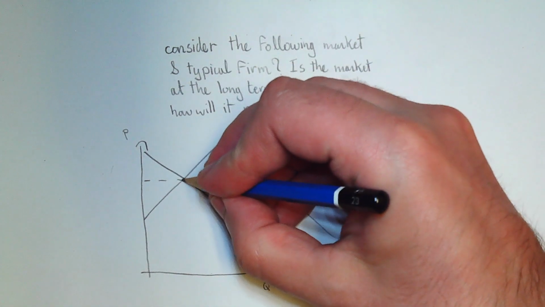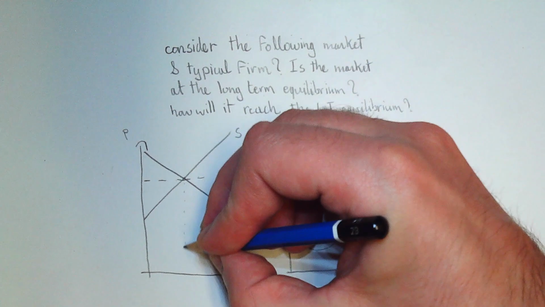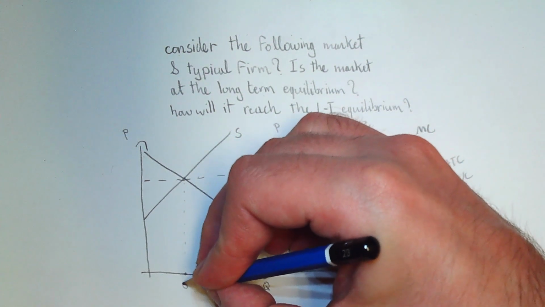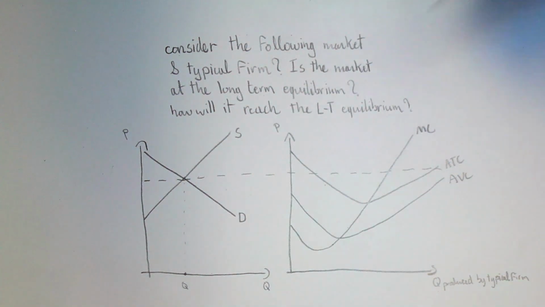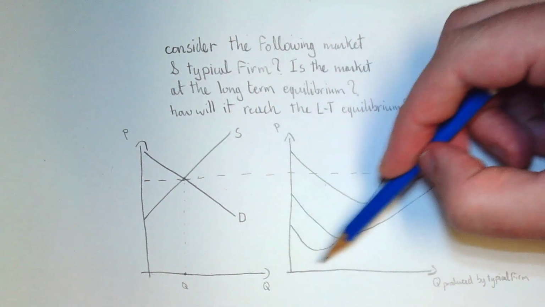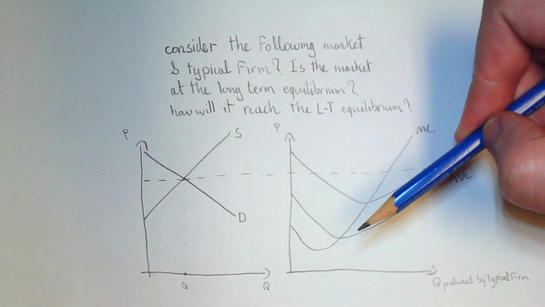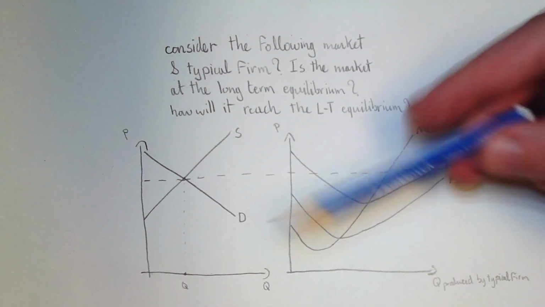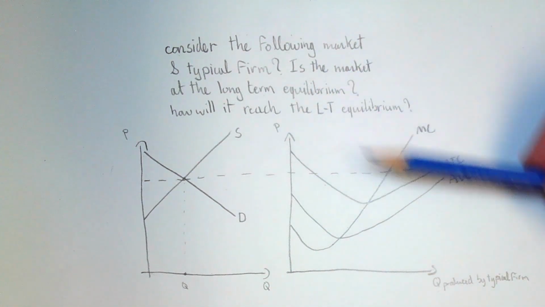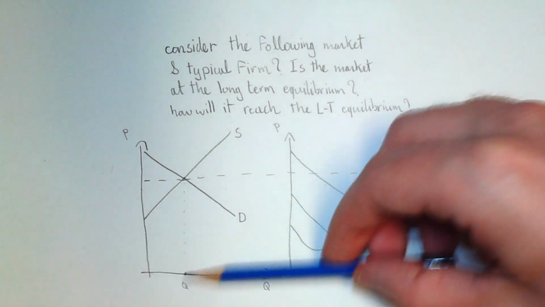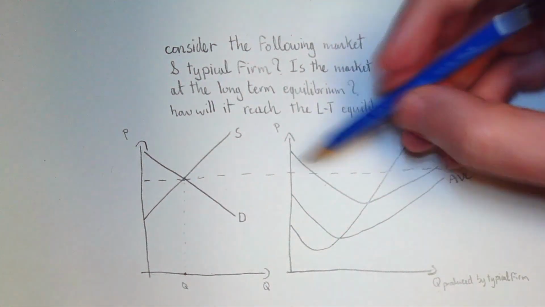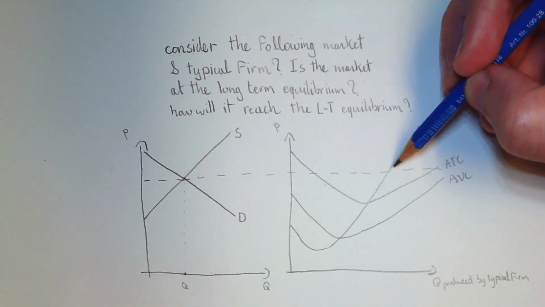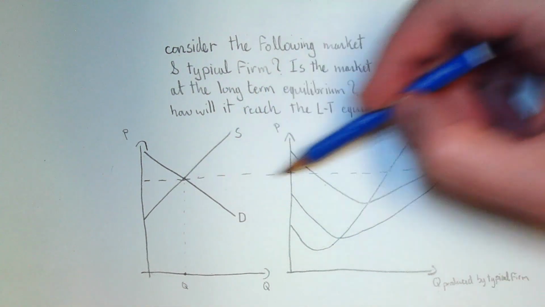So that's the equilibrium price, and that's the quantity that would be produced by all the firms together in this market. Notice that the scale on this axis and the scale on this axis is completely different. So this number will look smaller than the quantity here, but it's actually much bigger, because that's for one firm. On this graph, if that is the equilibrium, the price will be here.